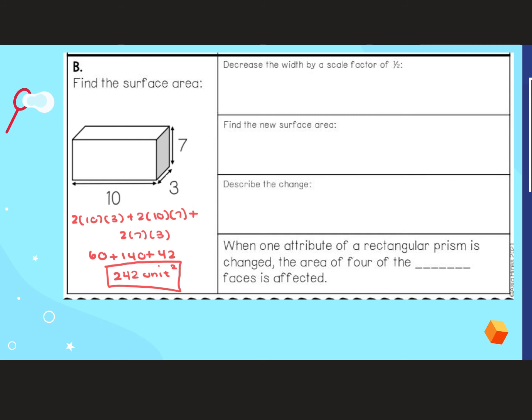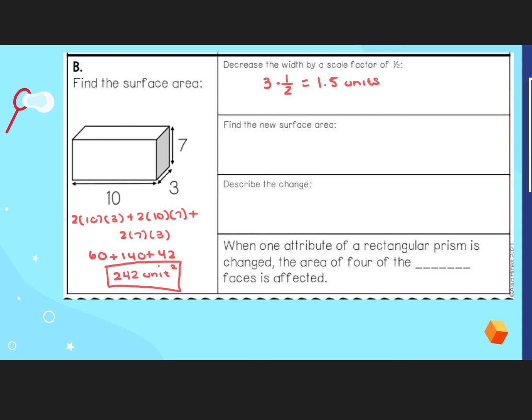All right, so now we're going to decrease the width by 1/2. Looking at my rectangular prism, my width is 3. Since we're decreasing it, we're still going to multiply, so we multiply 3 times 1/2. The new width is going to be 1.5 units.